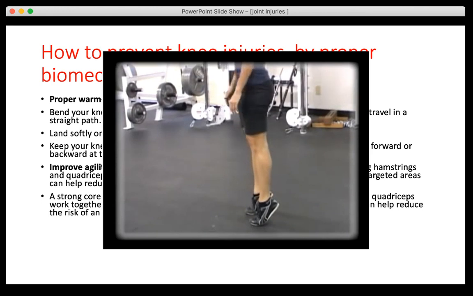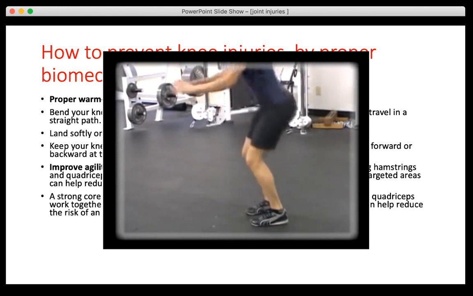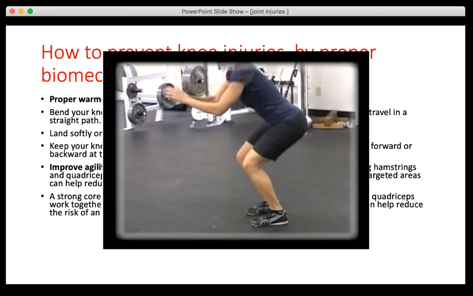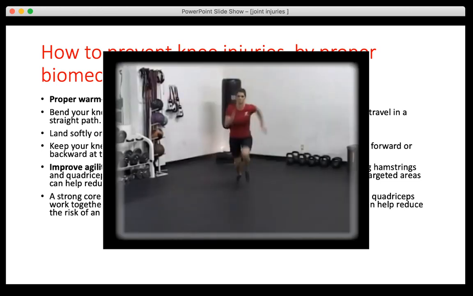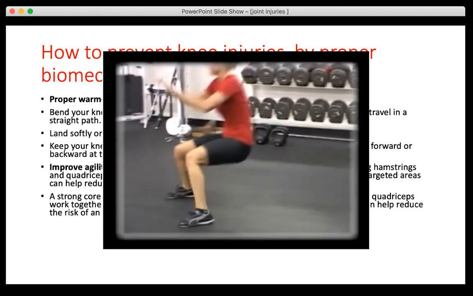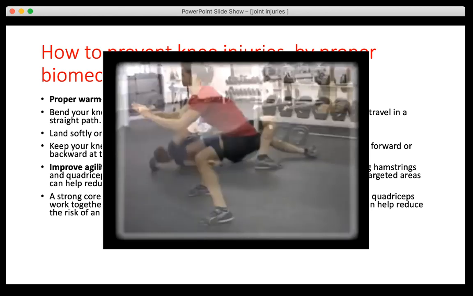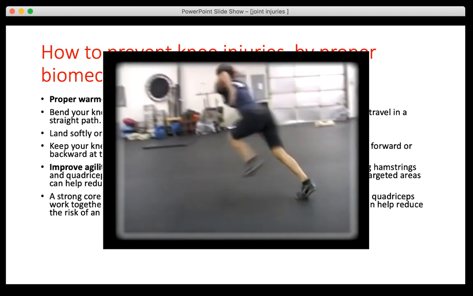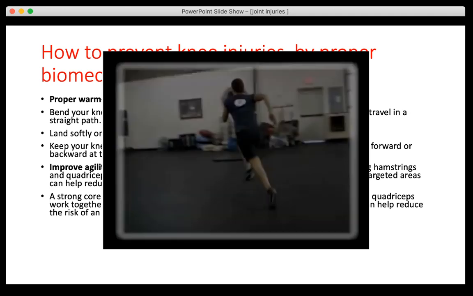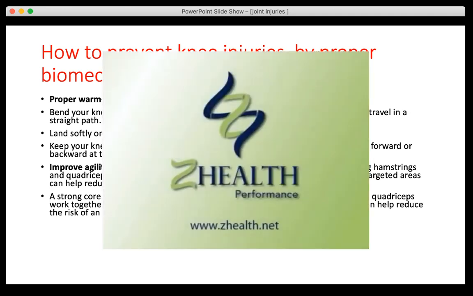In all of these cases they are utilizing their SSC, stretch shortening cycle. So this is the biomechanics you can use to improve your technique so that you can prevent knee injuries. See the motion, the bending movements, the hip alignment, everything you notice, and try to follow this so that you can prevent at least the injuries due to technique.